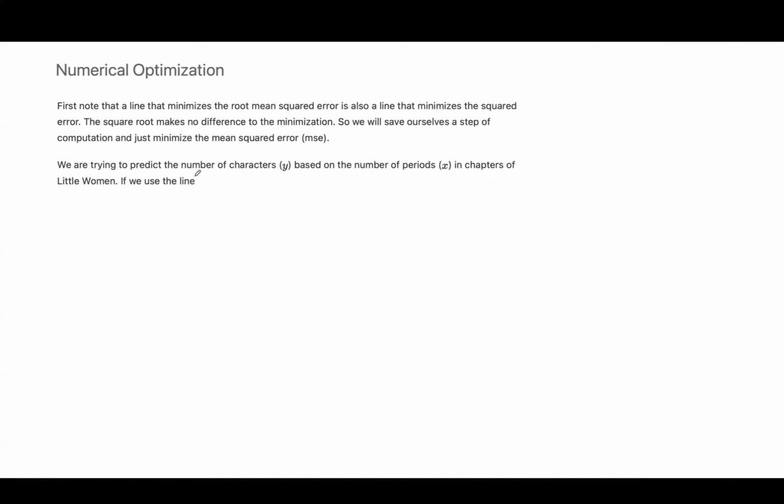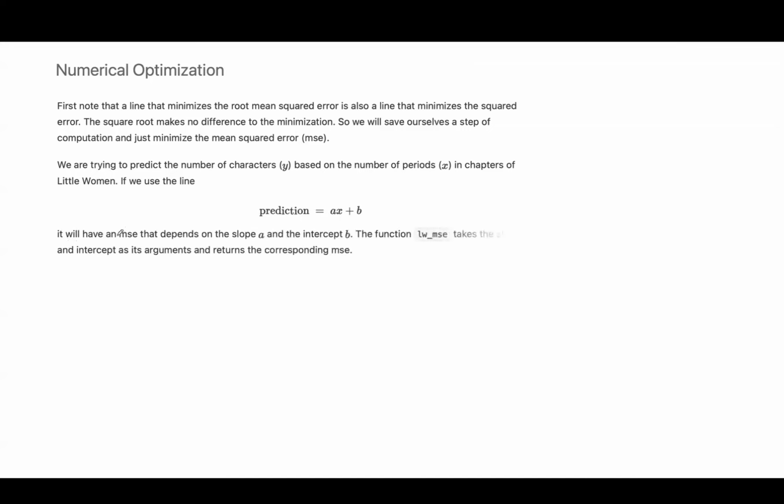We're trying to predict the number of characters y based on the number of periods x in the characters of Little Women. Well, if we use the line y hat equals mx plus b, or ax plus b, we'll have an MSE, which is the mean squared error that depends on the slope m or a and the intercept b.